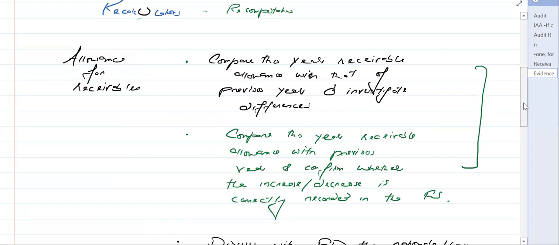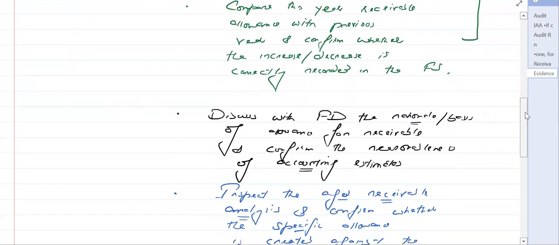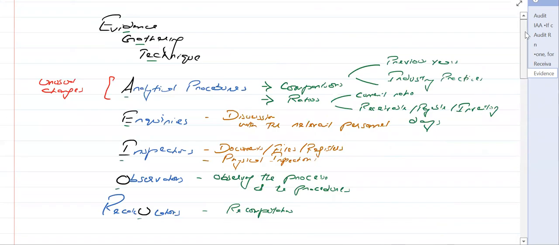What you need to do is write it completely: compare this year receivable allowance with the previous year and confirm whether the increase and decrease is correctly recorded within the financial statement. So make sure you are writing the complete audit procedure. Otherwise, you will not be getting any mark for it. So this is one of the techniques that we use in making the audit procedures and the substantive procedures, AEIOU.